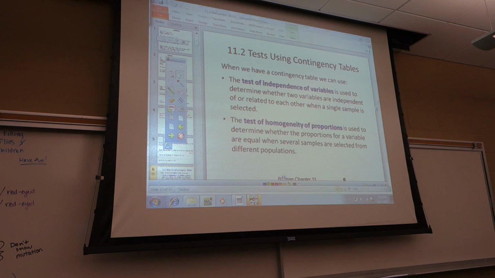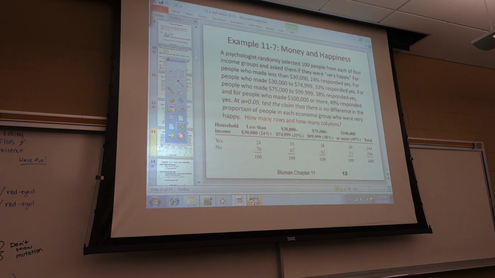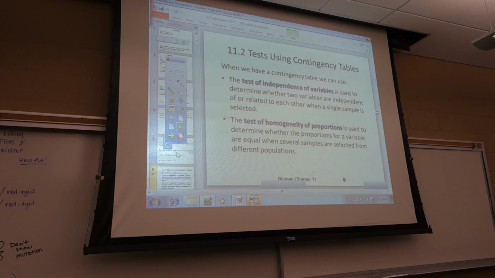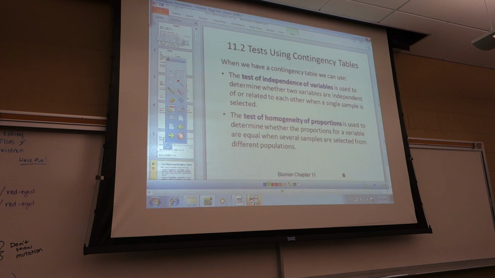The test of homogeneity of proportions is used to determine whether the proportions for a variable are equal when several samples are selected from different populations. Great.